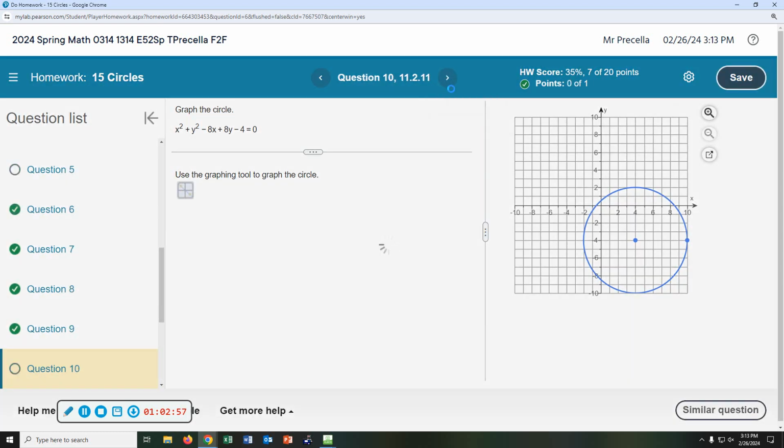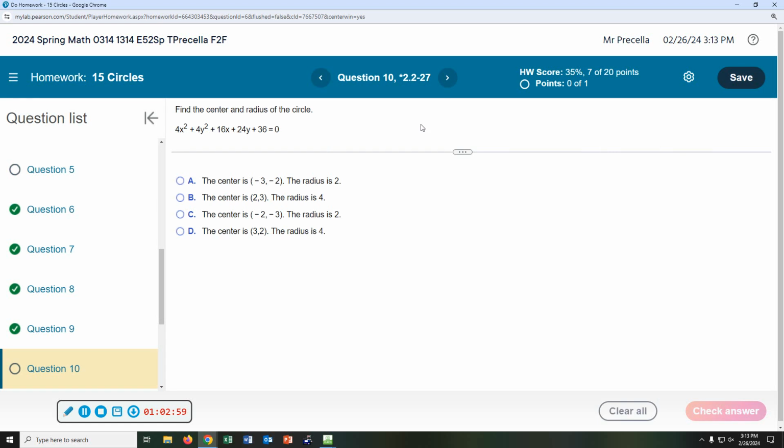And let's see. One more. Well, there's several more, but on number 10, let's see. Find the center and radius of the circle. 4x squared plus 4y squared plus 16x plus 24y plus 36 is equal to 0.